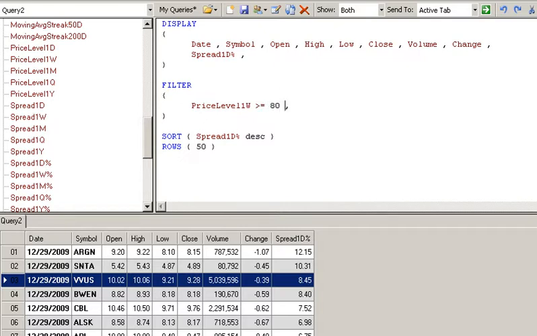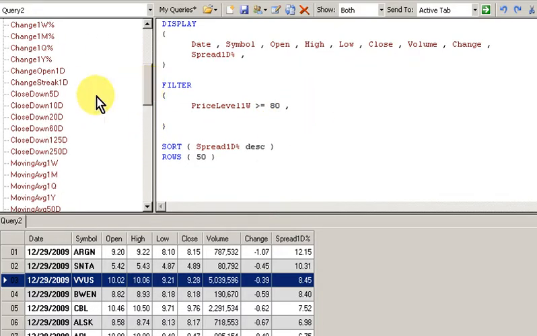Let's also say we want stocks that perform very well all week. So close down 5 day. If you haven't seen our previous data field videos, close down 5 day tells us the number of days that the stock closed down, or the change was negative. And we're saying none, 0. So this stock was even or better all 5 days.